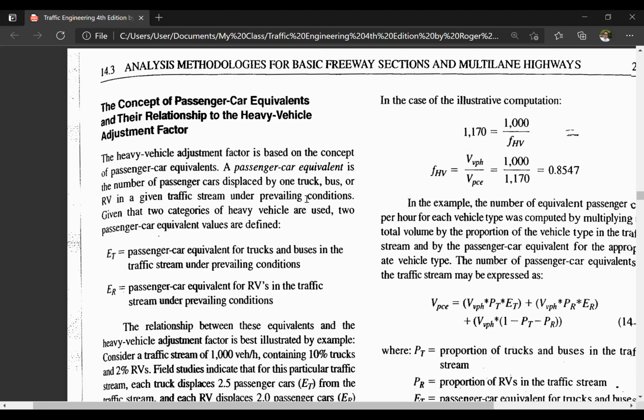The heavy vehicle adjustment factor is based on the concept of passenger car equivalent. A passenger car equivalent is the number of passenger cars displaced by one truck, or one bus, or one RV in a given traffic stream under prevailing conditions.